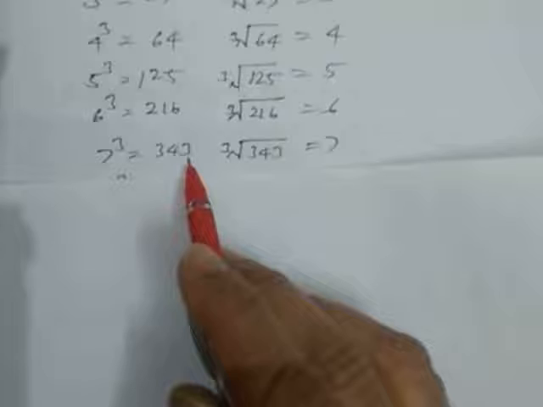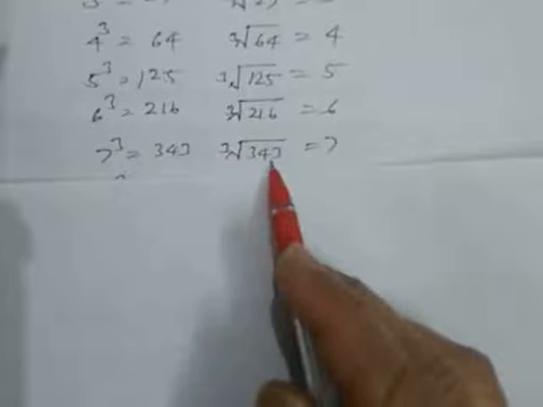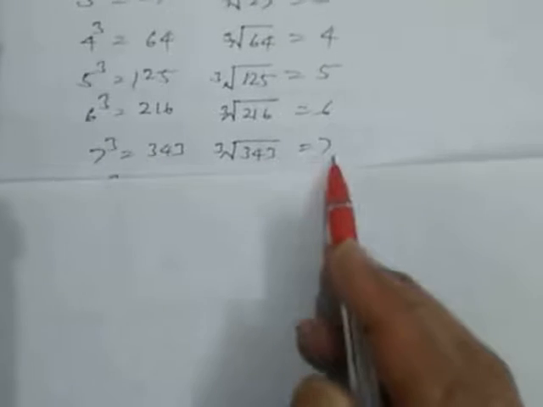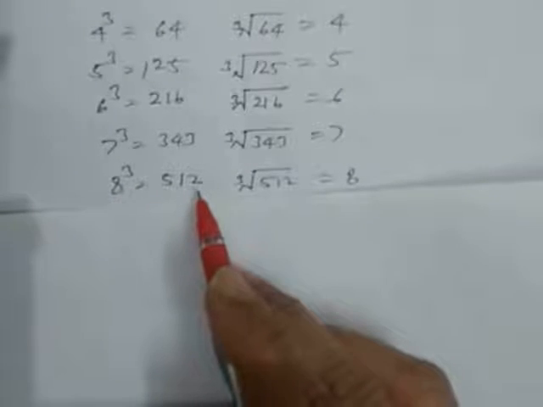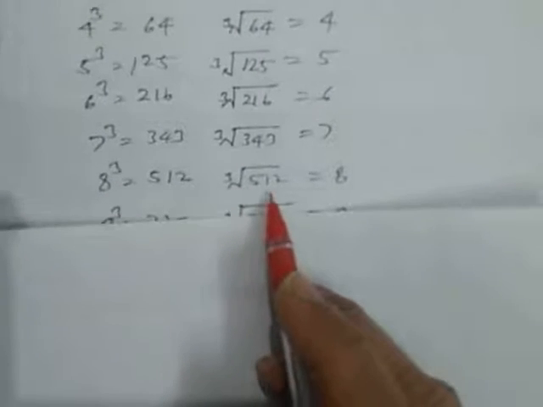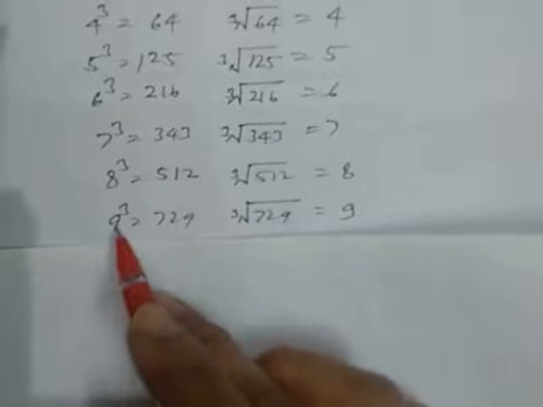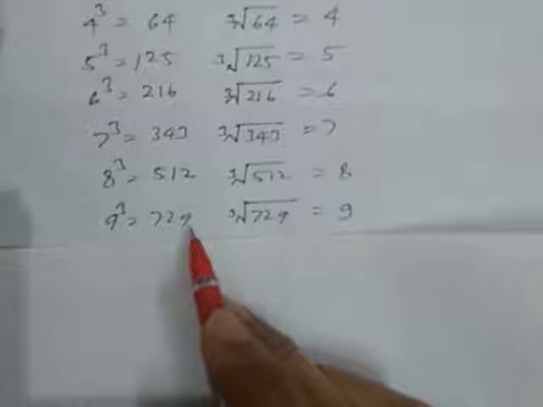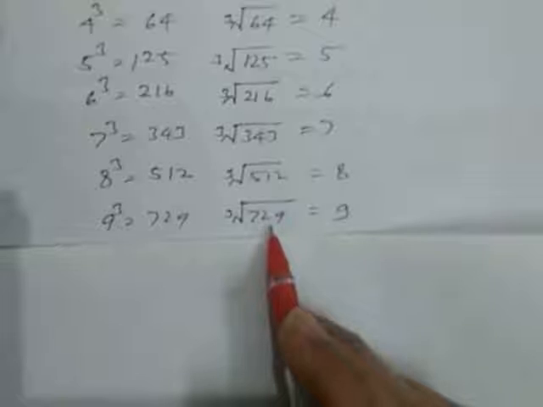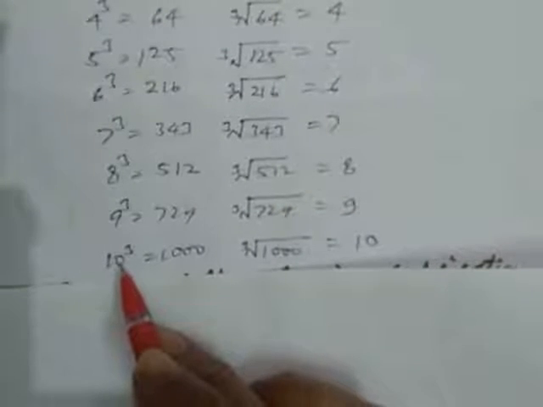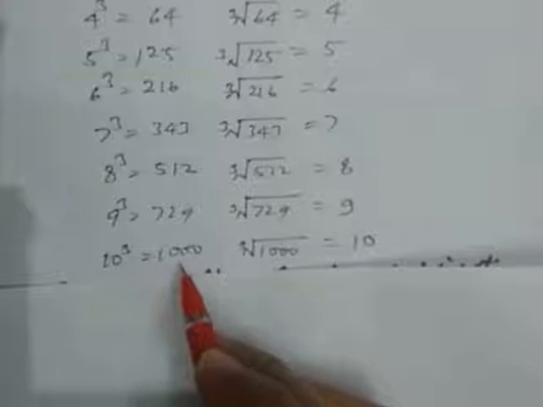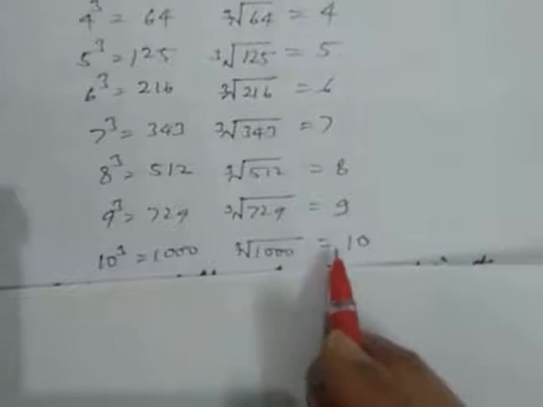Cube of 7 is 343, so the cube root of 343 is 7. Cube of 8 is 512, the cube root of 512 is 8. And the cube of 9 is 729, so the cube root of 729 is 9. Cube of 10 is 1000, so the cube root of 1000 is 10.